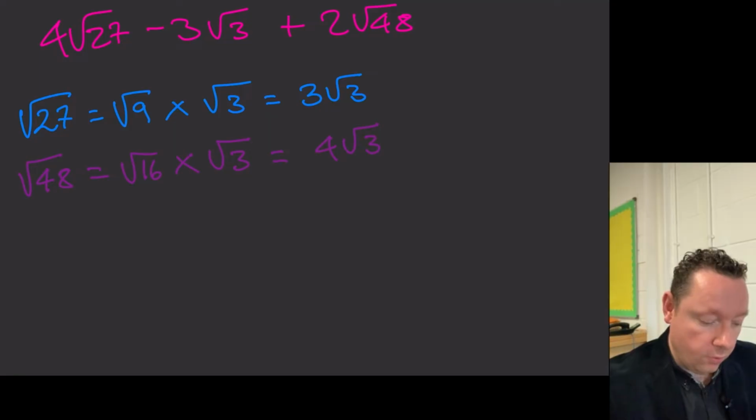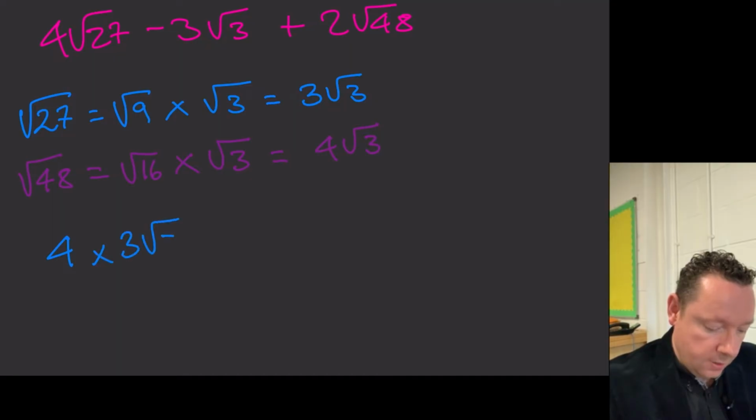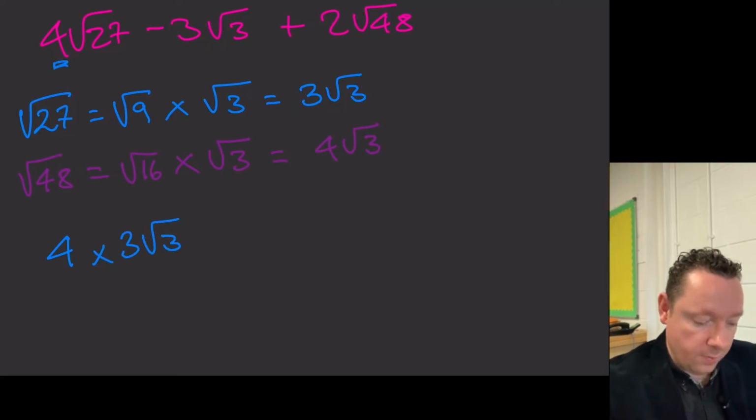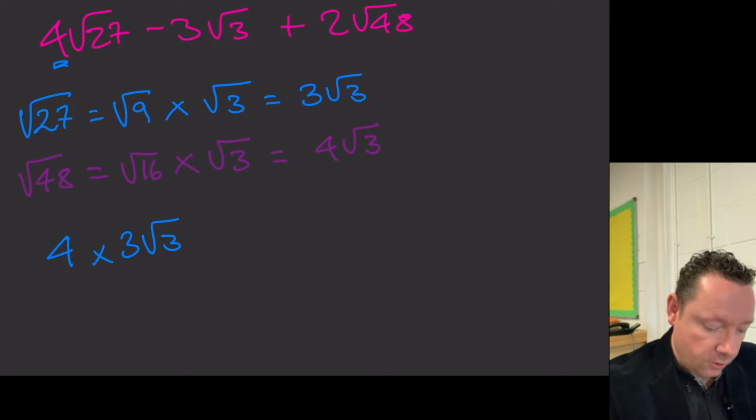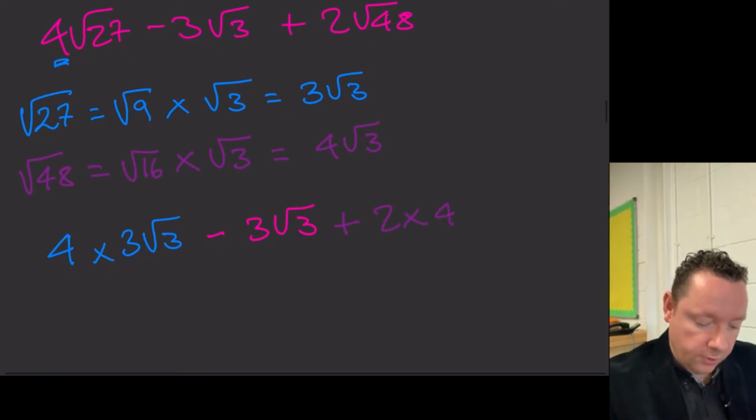So if we start off with the 4 root 27, that became 4 times 3 root 3, because we've got 4 in front, remember. And then we've got minus 3 root 3 still there. And then we've got plus 2 times root 48, which is 4 root 3.